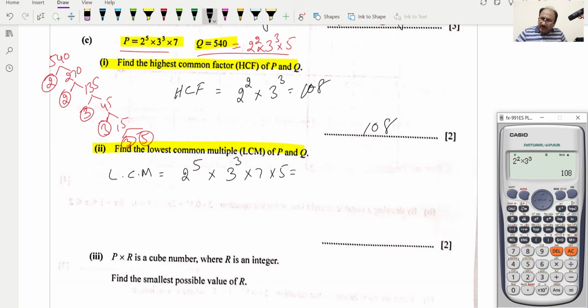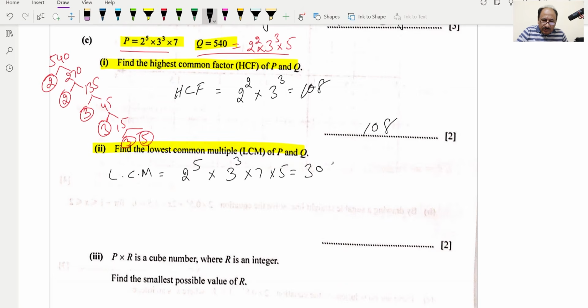Now we will multiply these. 2 raised to the power 5 multiplied by 3 raised to the power 3, or 3 cubed, multiplied by 7 and multiplied by 5, and this will be equal to 30240. 30240 will be our answer over here.